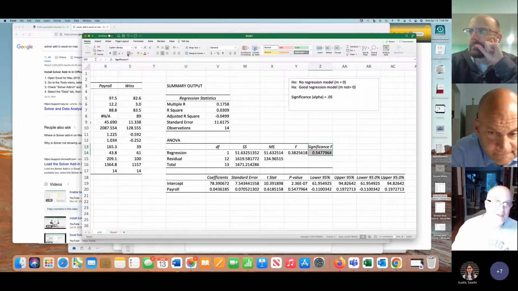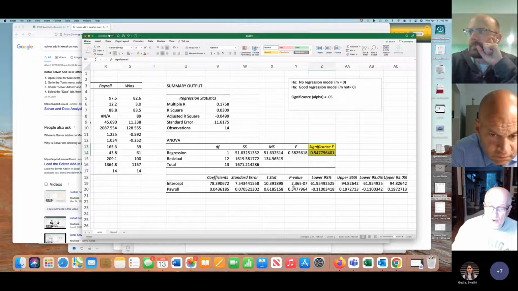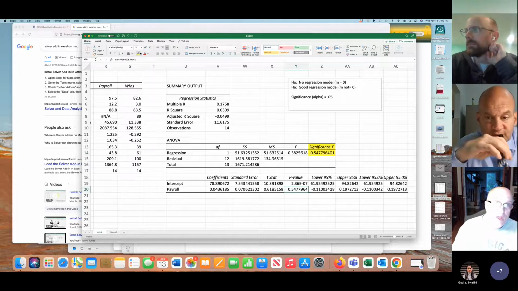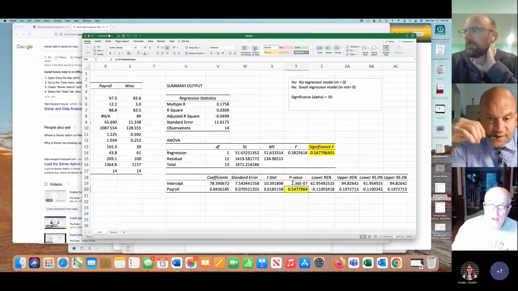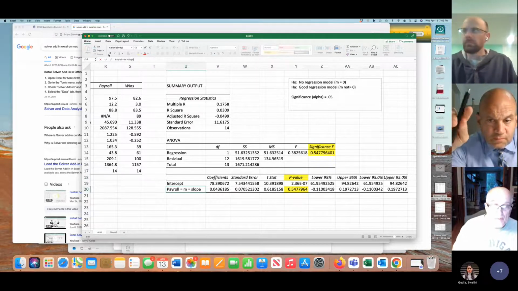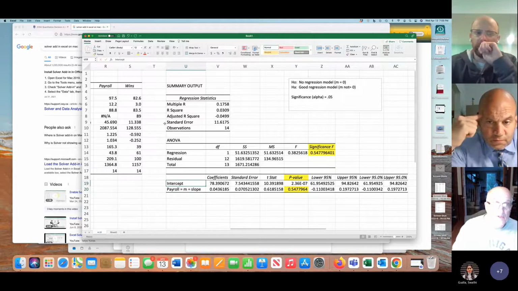This number here, the significance, this is the significance of our model. This is also a test on specifically asking, and it's the same number, mind you, if, and we'll call it p-value, if the slope, this is the slope, the payroll here, is equal to m, equal to slope, the intercept is equal to b.